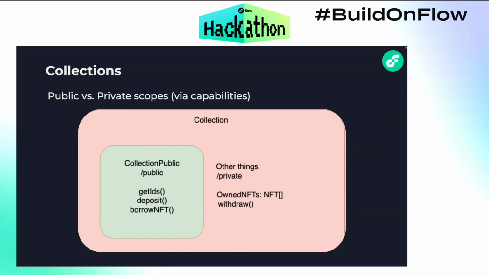That collection resource within it has multiple NFT resources. And you as the owner have the sole, full access to all those NFT resources. So it's stored in the private storage. And then the public just has some functions to get their IDs, see their name, see their image, deposit more NFTs to your collection, and so on and so forth.